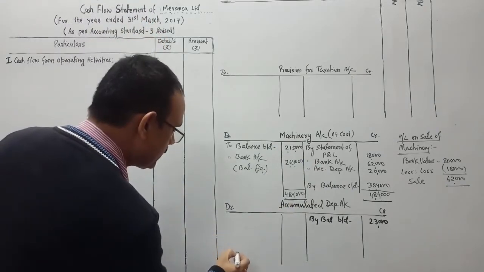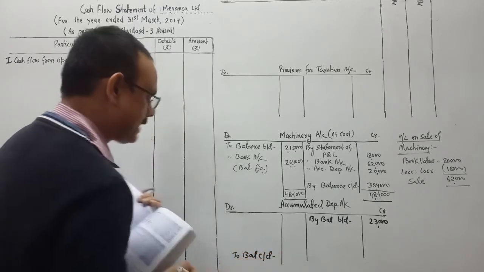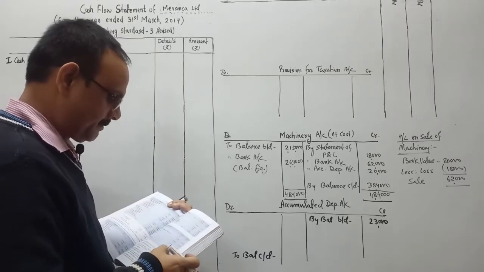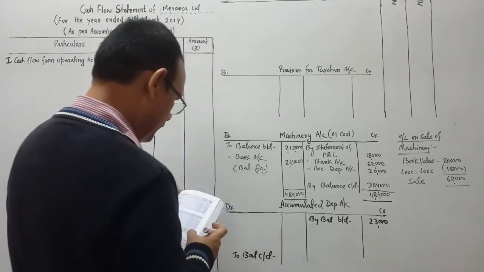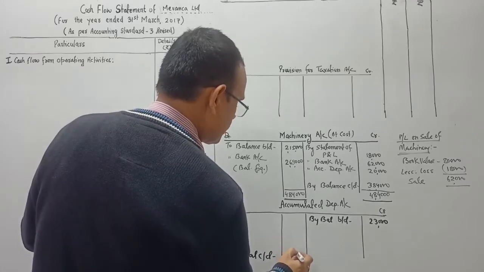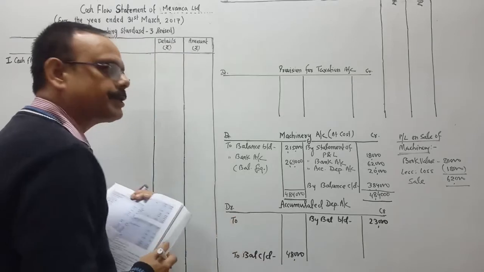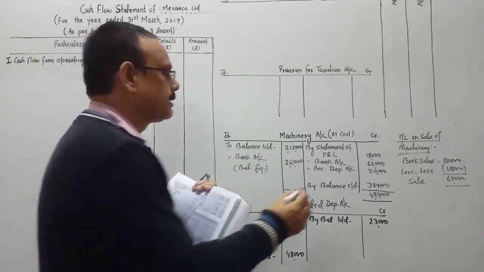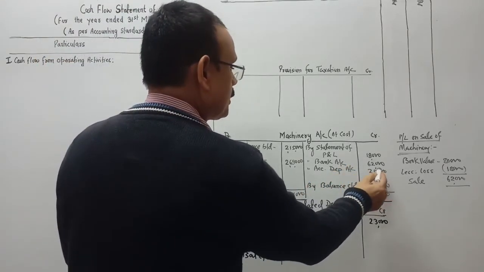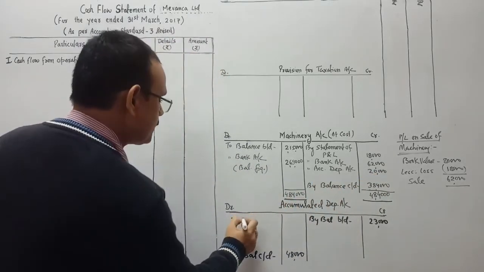And the closing balance, you write on this side, to balance carried down. Closing balance is 48,000. And here you write the depreciation of machinery sold, by accumulated depreciation, to machinery account.